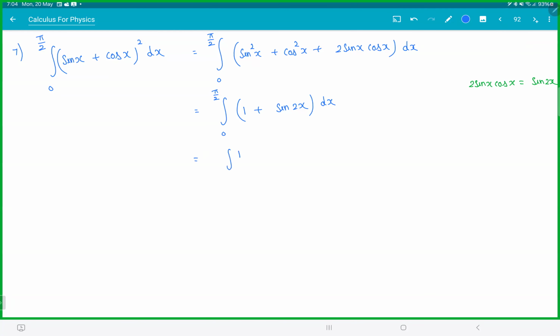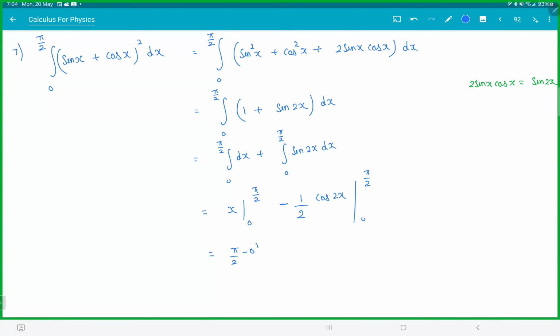So this would be integral dx plus integral sin 2x dx. The integral of dx is x only. The integral of sin 2x is minus half cos 2x. Now you should get used to this thing. Limits will go from 0 to 90.